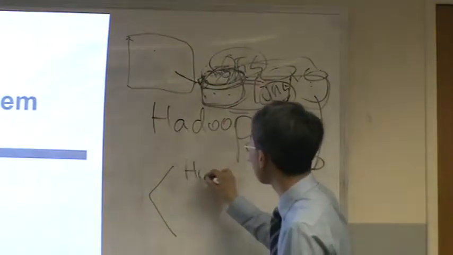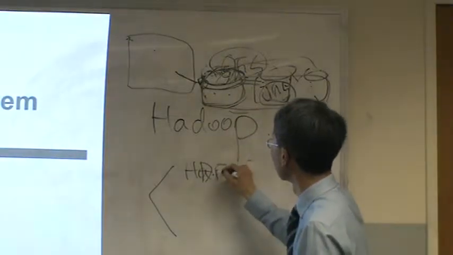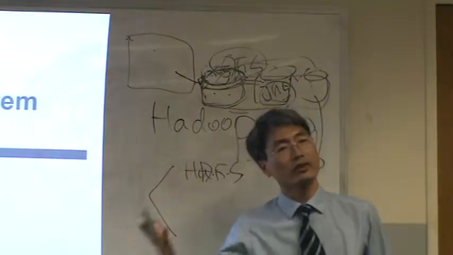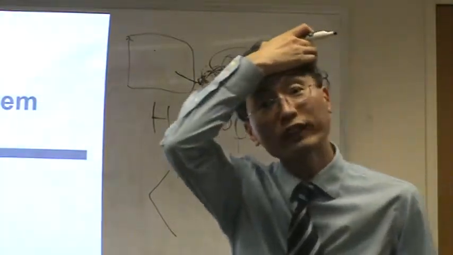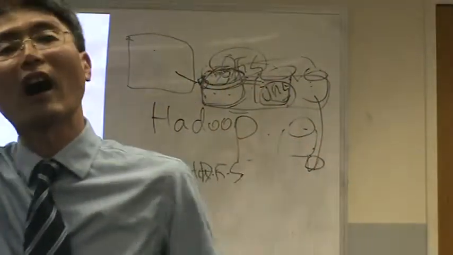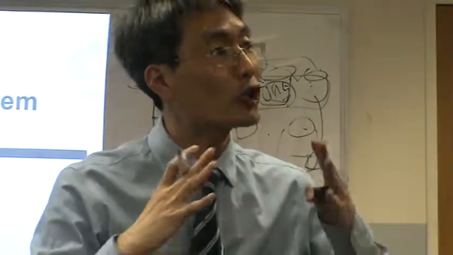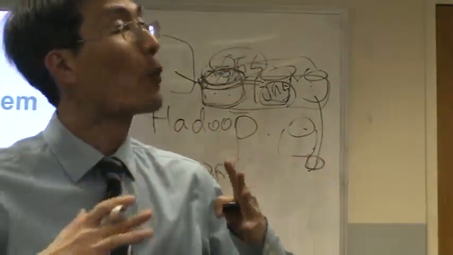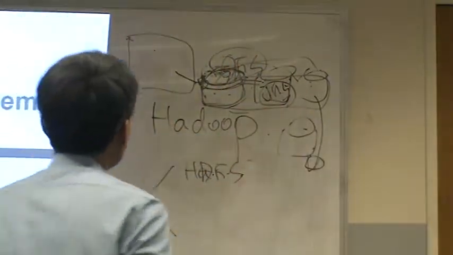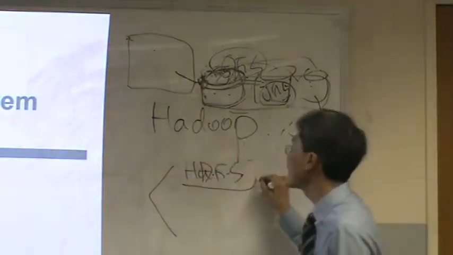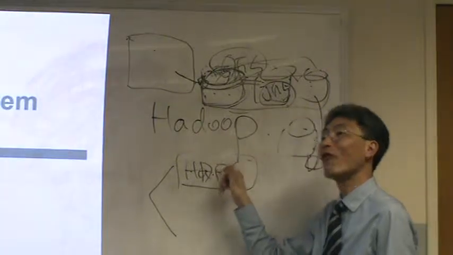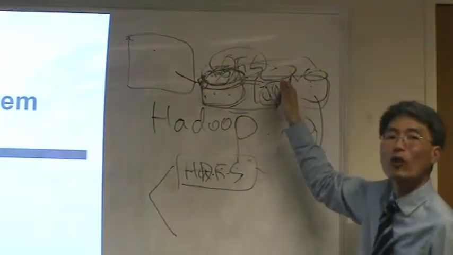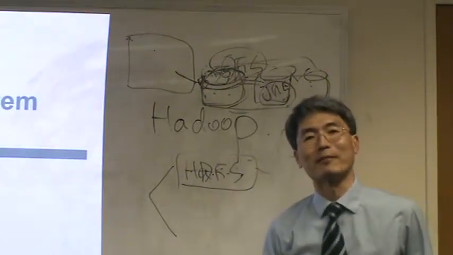Then Doug Cutting actually quit his job at Google and moved to the Apache Foundation. Apache is open source. The community developed HDFS, named Hadoop Distributed File System. It's originally from the Google File System.